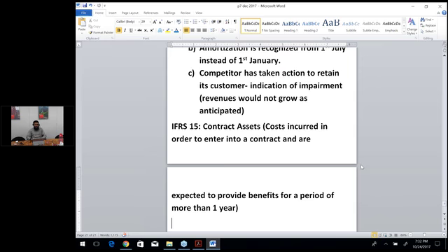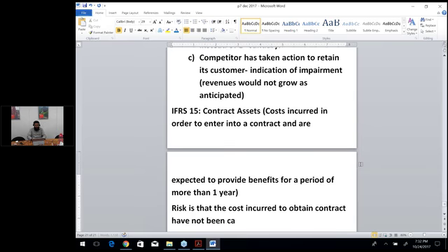So what is the risk over here? The risk is that the costs incurred to obtain the contract have not been capitalized and instead have been expensed.